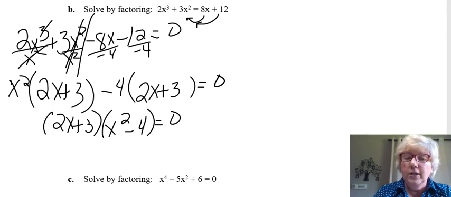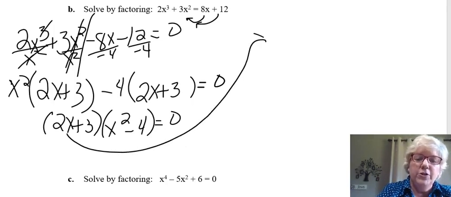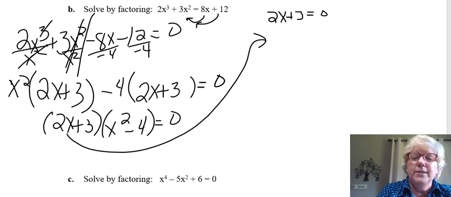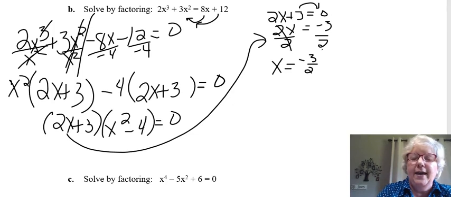Now, as you recall, you take each factor and you solve. First, I'll take the 2x plus 3 and put it equal to 0. I move the 3 over, it becomes a -3. I divide by 2, x is equal to the fraction -3/2.